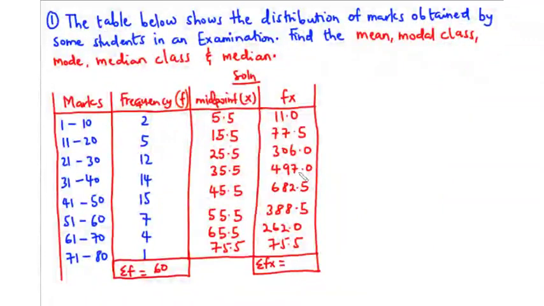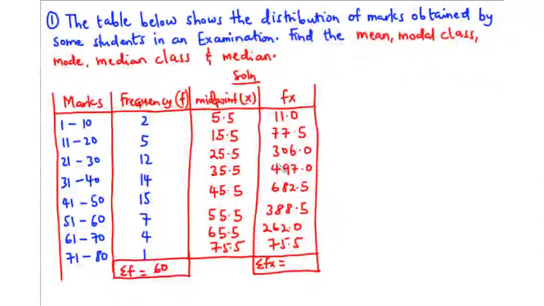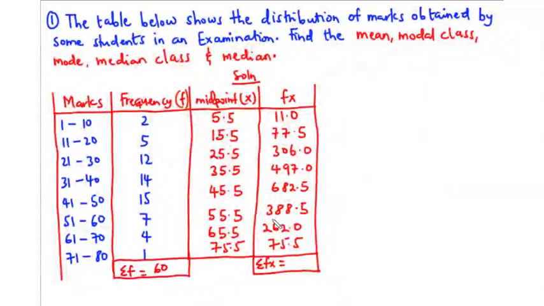So let's find the summation of fx. It means that we are going to add up all the fx values. So 11.0 plus 77.5 plus 306.0 plus 497.0 plus 682.5 plus 388.5 plus 262.0 plus 75.5 gives 2300.